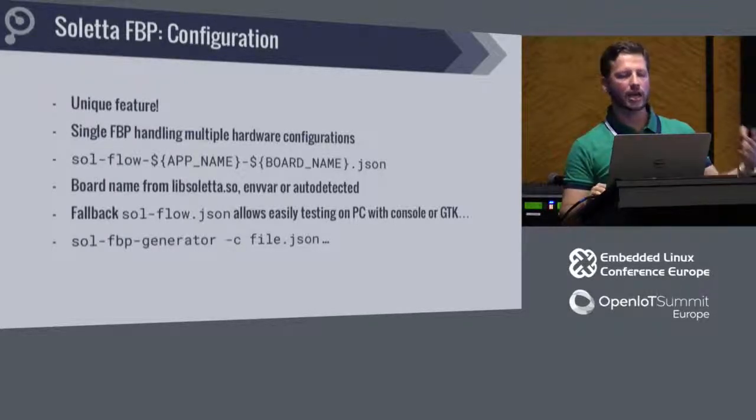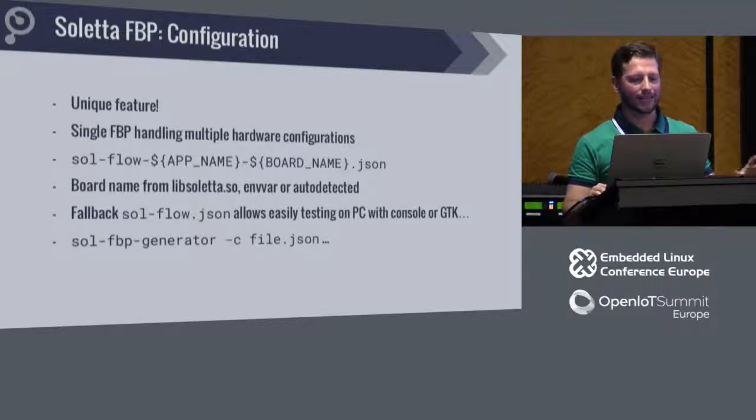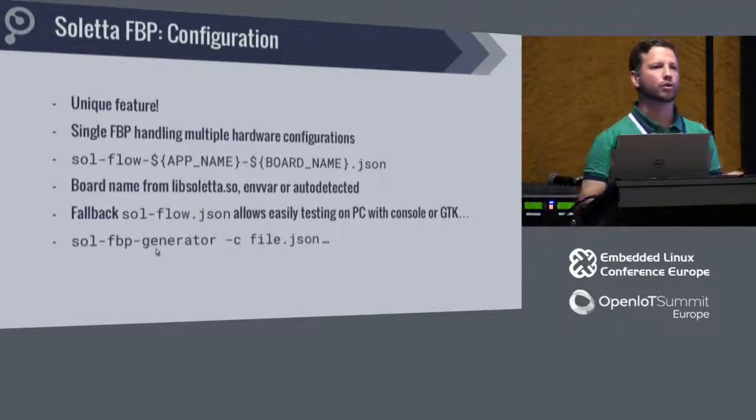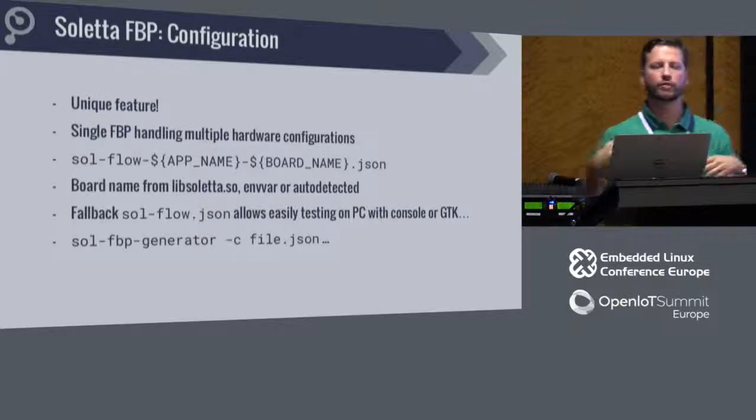It's automatic. You just have to create a JSON file, say the name, say the properties, and that's it. You can use that configuration file in the FBP generator. That is useful for cross-compiling. So I'm compiling for a board with Zephyr and an ARM board, but I'm running from Linux.